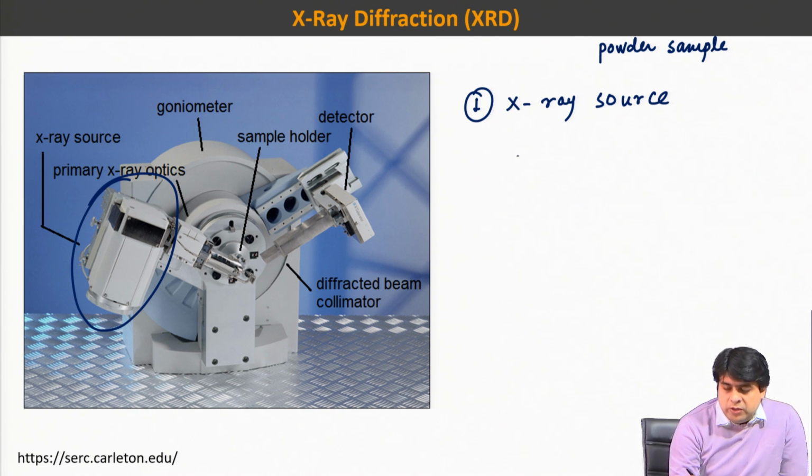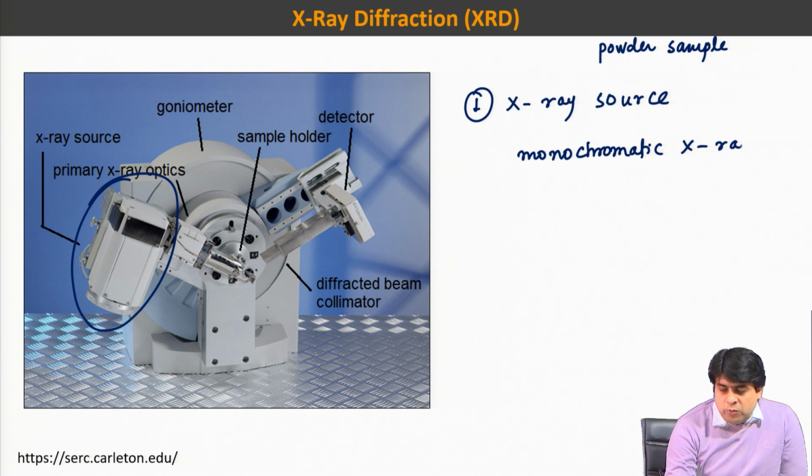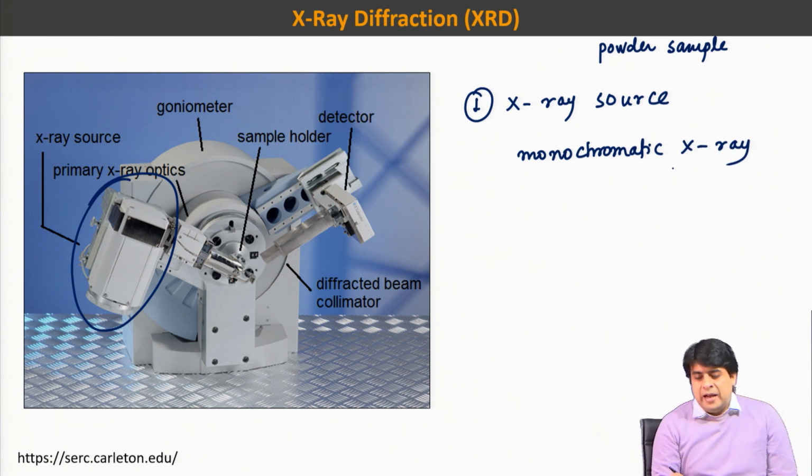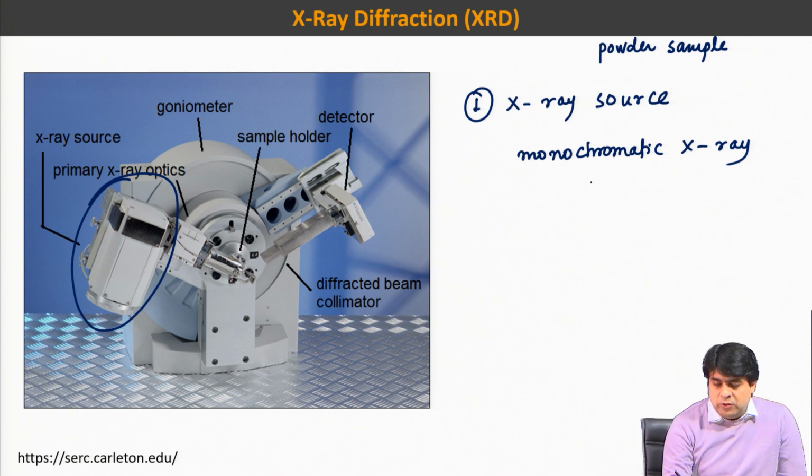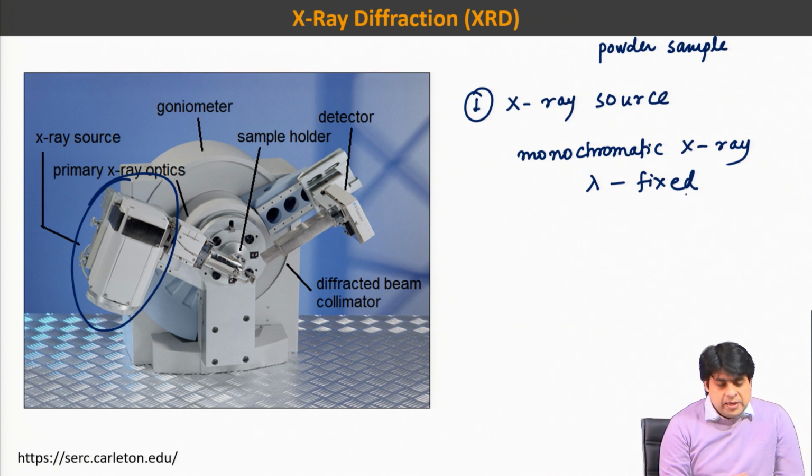We use monochromatic X-rays, which means a single wavelength, so lambda is fixed. And what we do is change the theta, so theta will vary.